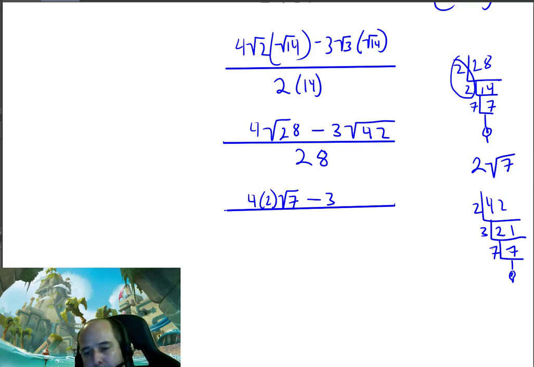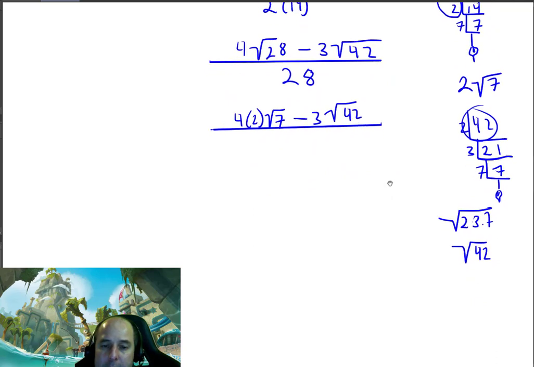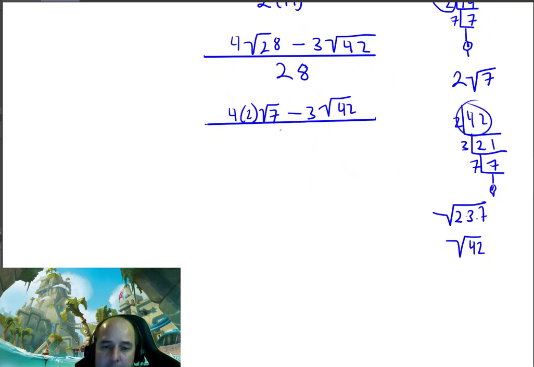I didn't mess up anything there. Okay, yeah. So unfortunately, the 42 doesn't actually simplify. So I just leave that as the square root of 42 because 2, 3, and 7, none of them have a partner to leave the house. They have 2 times 3 times 7, which really just simplifies once again to the square root of 42. So we didn't accomplish anything with that. So moving on, 3 square roots of 42, and all of that over 28.